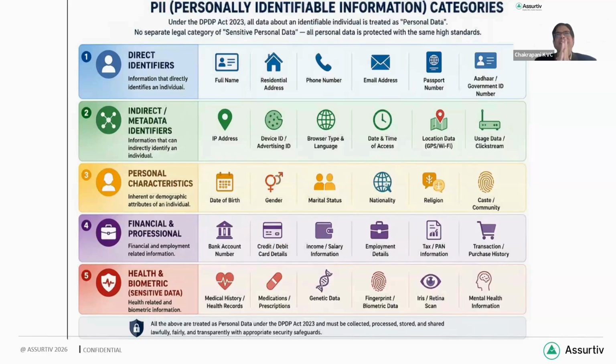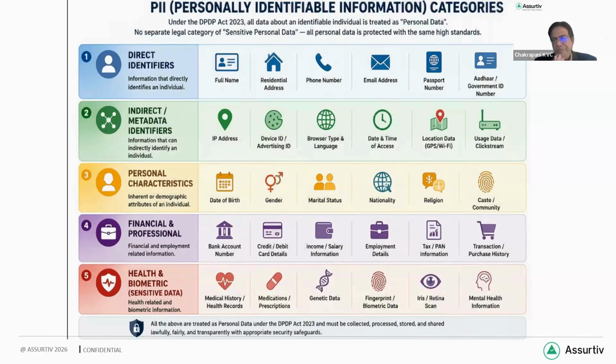If you see, 6 into 5, there are 30 varieties of personal data which are going to be processed during the course of time. All the above data are treated as personal data under the DPDP Act, and whenever people are collecting, processing, storing and sharing the data, it should be done in a lawful, fair and transparent manner, and with appropriate security safeguards in the organization.